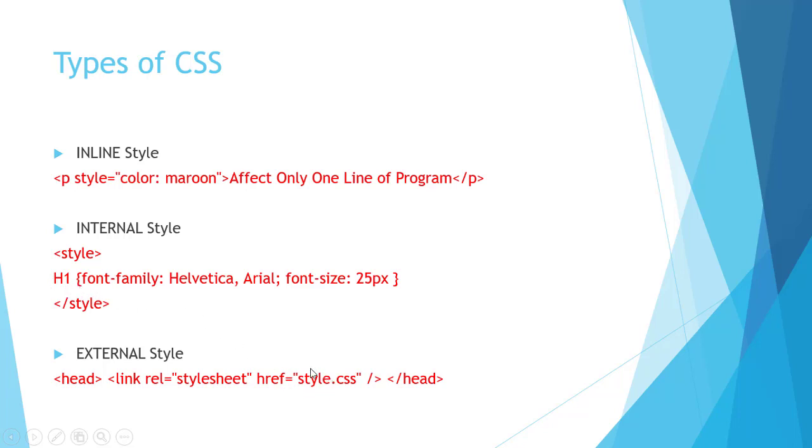Suppose here I have mentioned style.css, so you need to create another file for style. Name that file style.css, and under style.css you have to write like h1, curly brackets and all that.